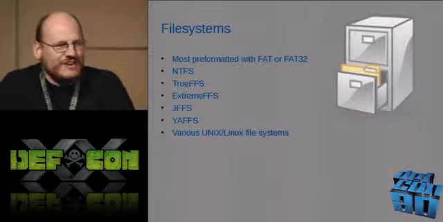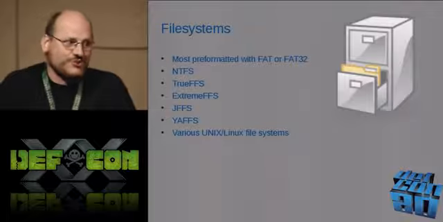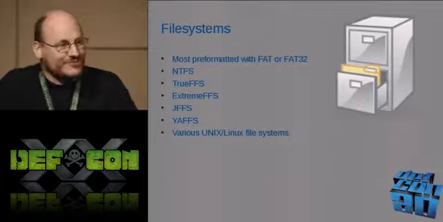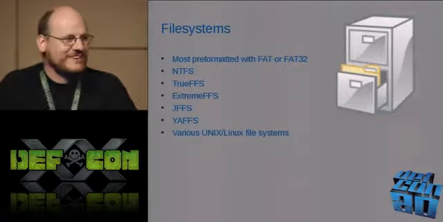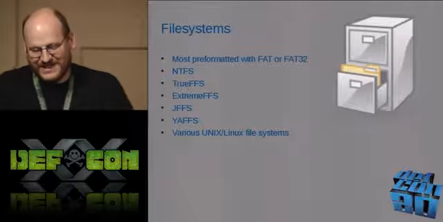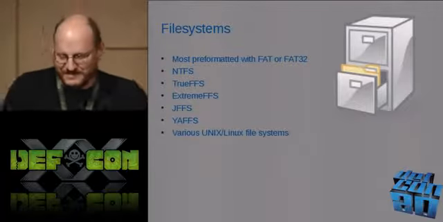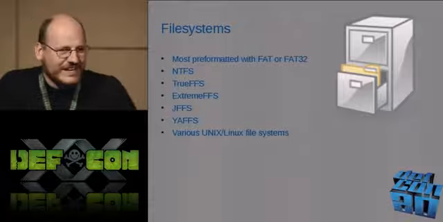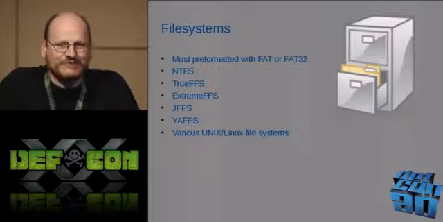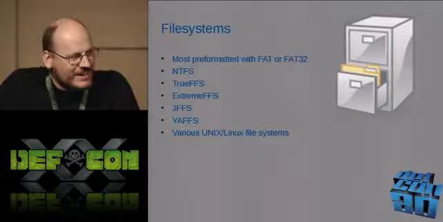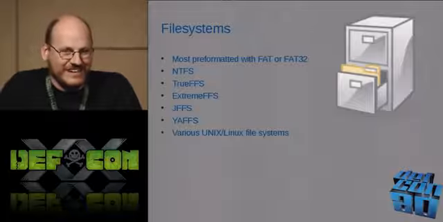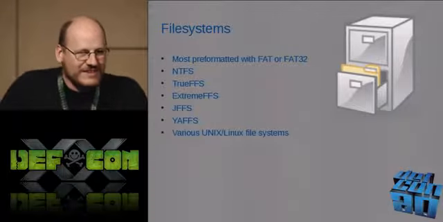Or for a thumb drive, if you want to, you can put the true flash file system, the extreme flash file system, the journaling flash file system, or my personal favorite, yet another flash file system. All right? It's kind of like YAML. Again, if you want to potentially hide some information from Windows users, a higher order LUN with a non-Windows, i.e. Linux-only file system can work really well.